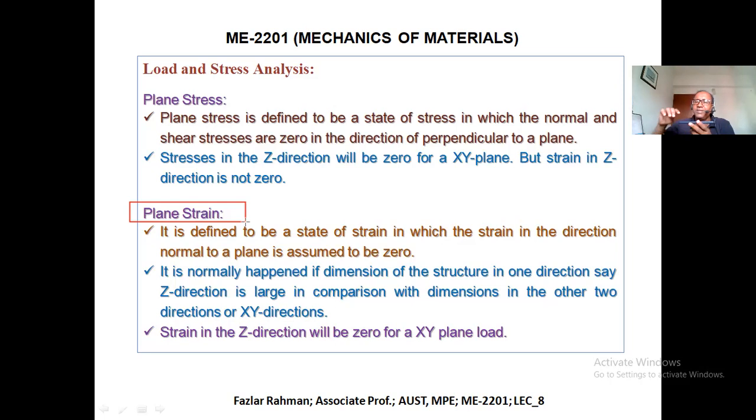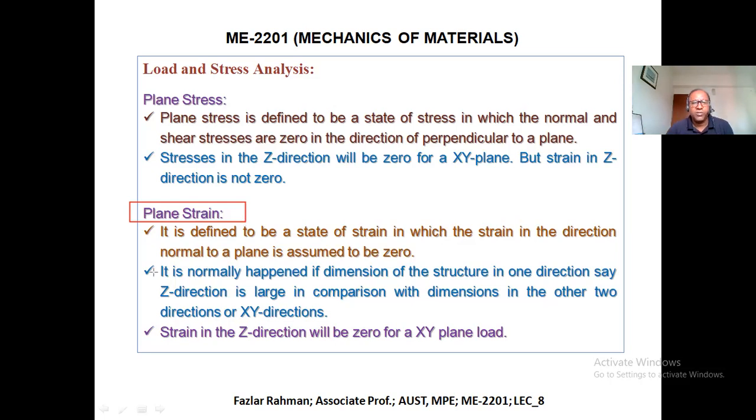What will be the deformation along the z-axis? Theoretically there will be some deformation, but compared to the length and width, the thickness will decrease very little bit. That thickness deformation we can ignore.